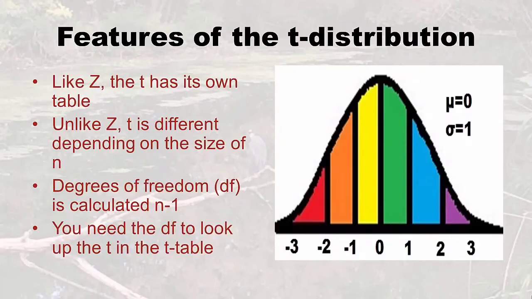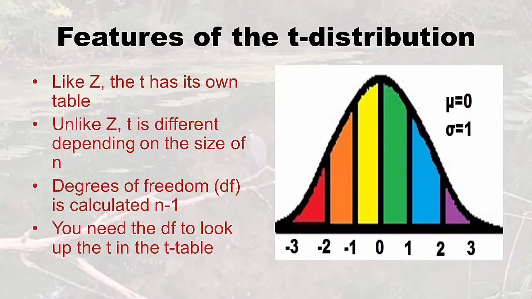You calculate the degrees of freedom as n minus 1. Obviously you can't get the degrees of freedom unless you know what n is, and if you don't calculate the degrees of freedom, then you don't know how to find what you need in the T table. That's the key to the T distribution that's different from the Z distribution.